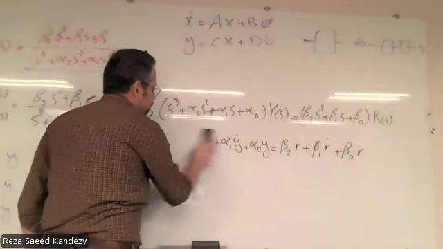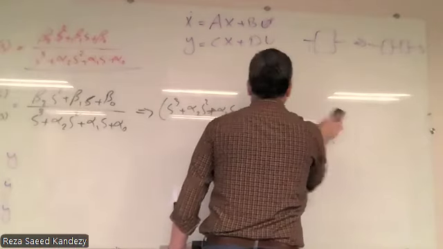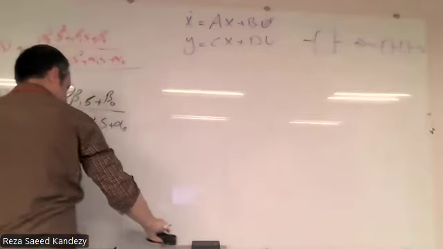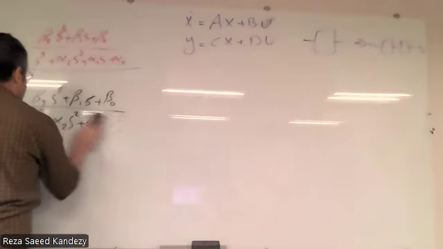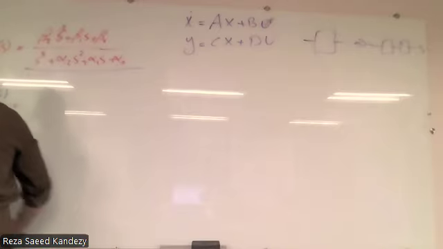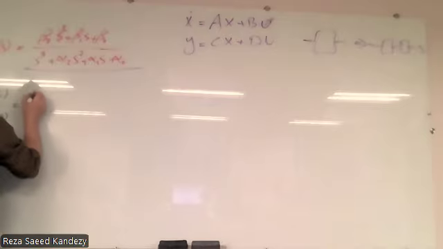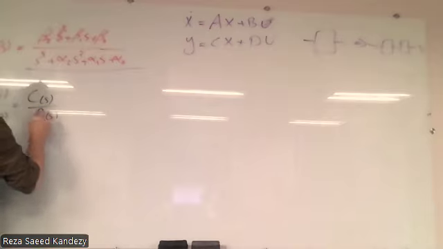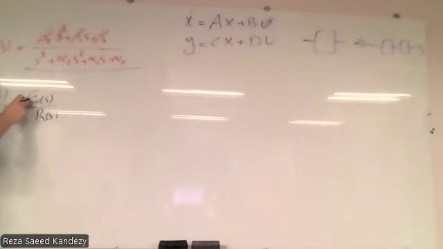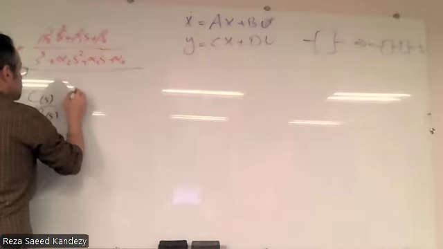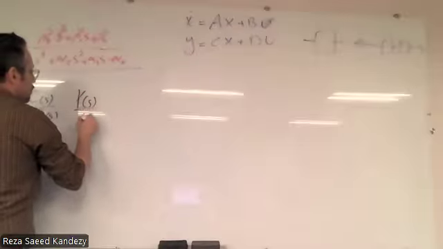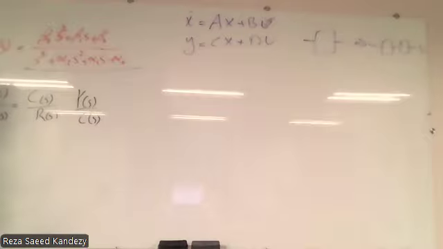So let's correct that. I am going to define Y(s) over R(s) as C(s) over R(s), where I am defining a new ancillary variable, times Y(s) over C(s).